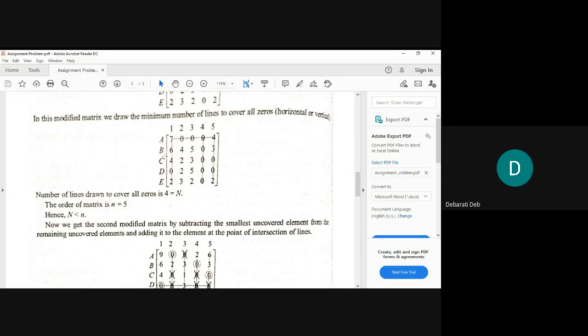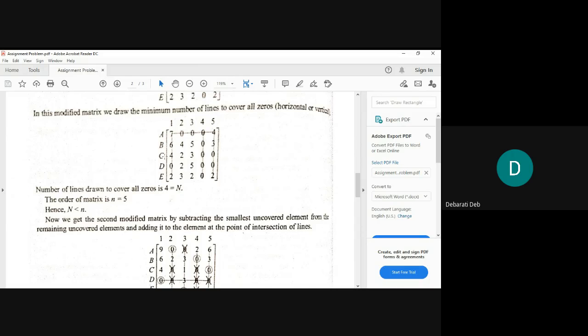Hence, you write this line, okay? Number of lines drawn to cover all zeros is 4. That is capital N equals 4.